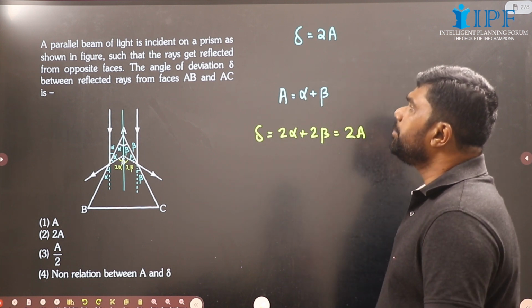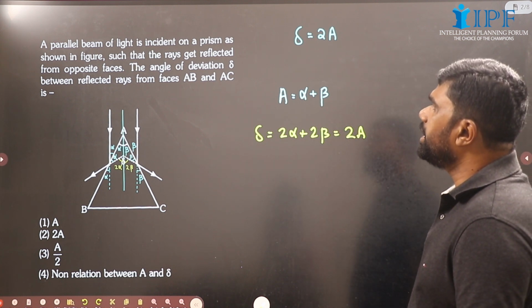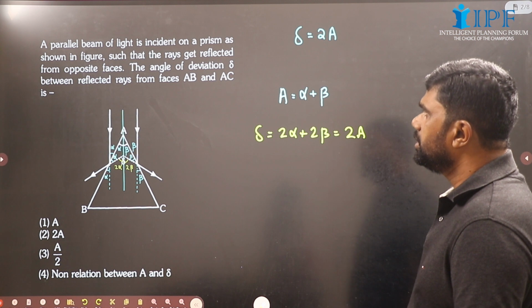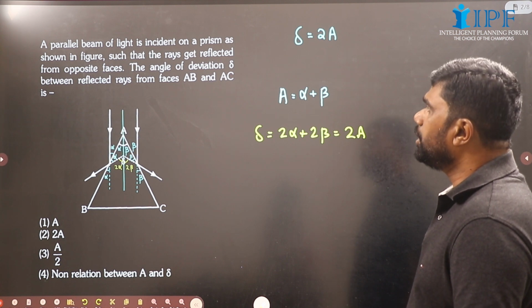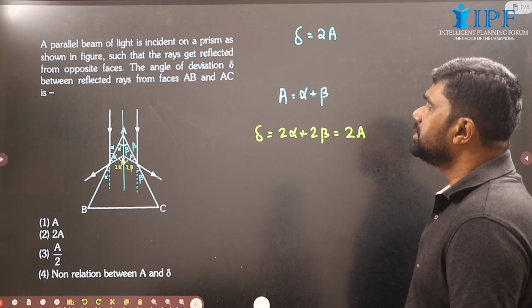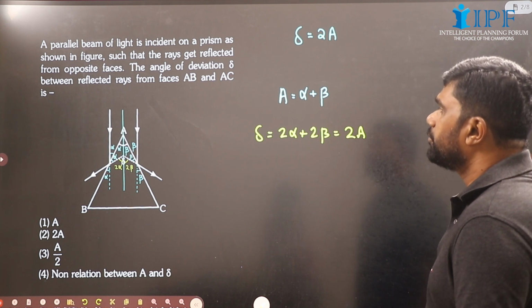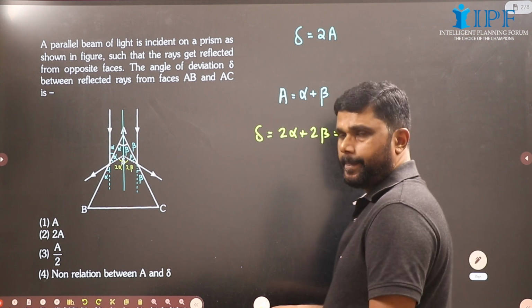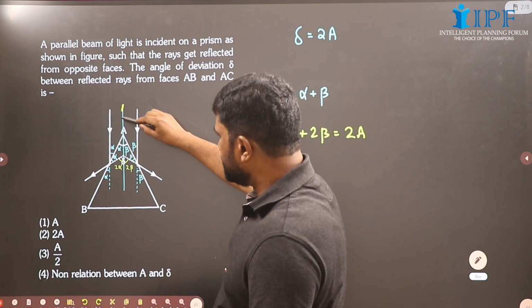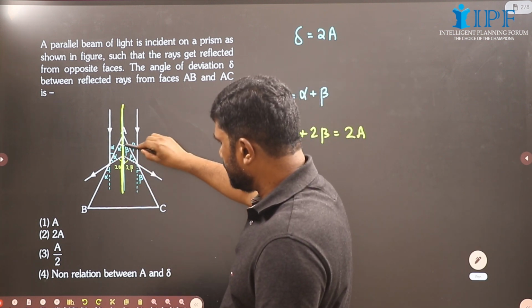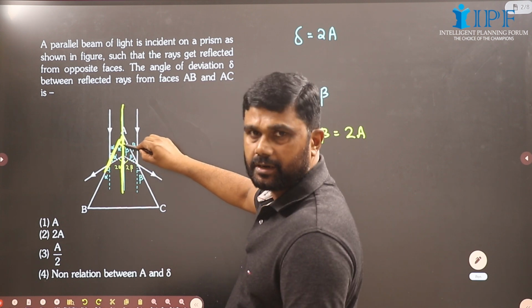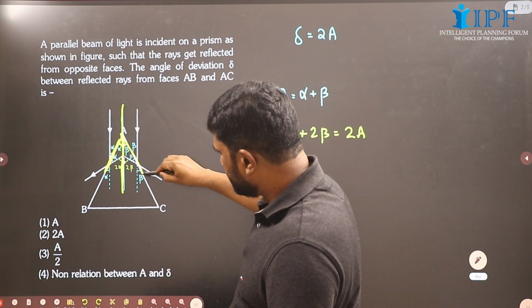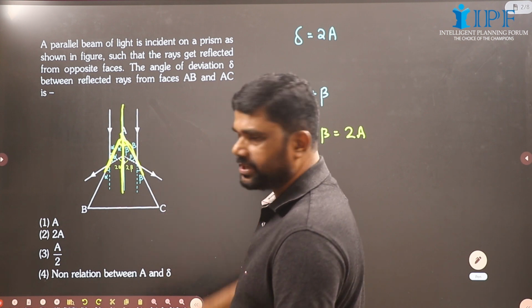A parallel beam of light is incident on a prism as shown in the figure such that the rays get reflected from opposite faces. The angle of deviation delta between the reflected rays from faces AB and AC. Children, this is vertical. This surface makes an angle alpha with vertical, and this surface makes an angle beta with vertical.